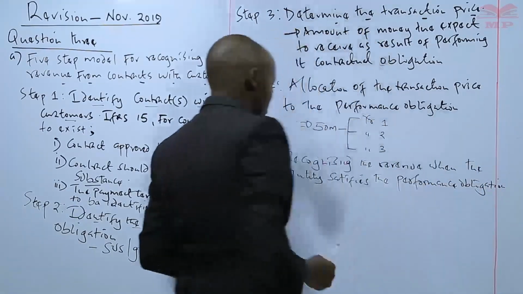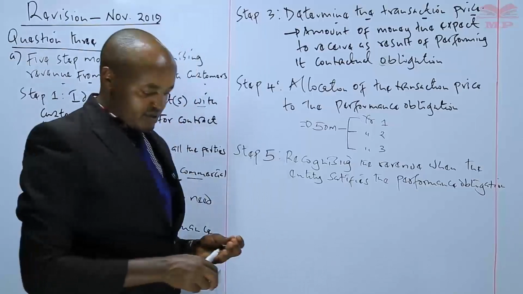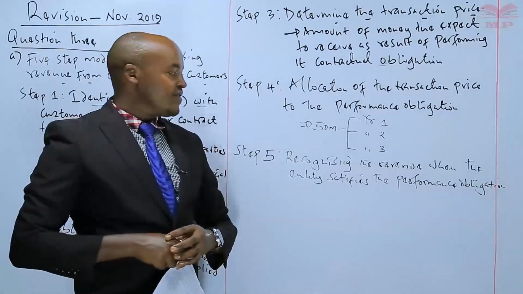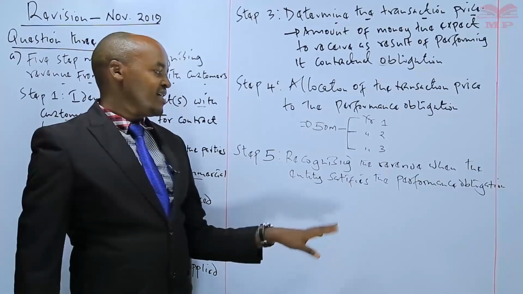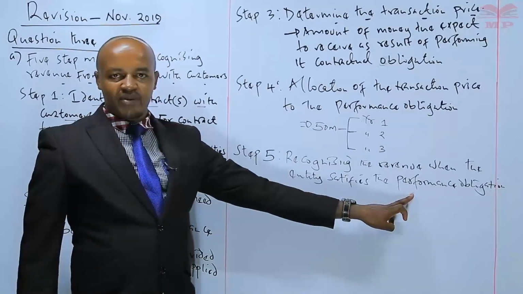So what that means is that in this step number 5, for the revenue to be recognized, it will only be recognized when the entity satisfies the performance obligation.